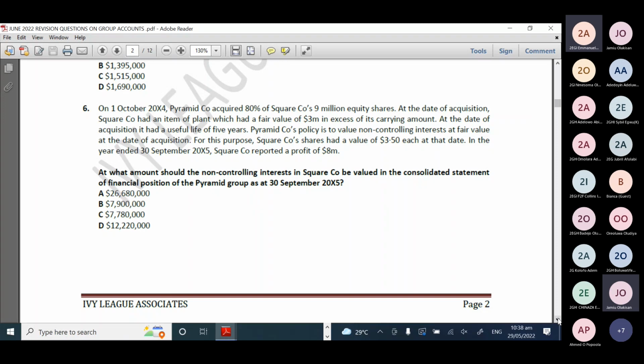Pyramid Co's policy is to value non-controlling interest at fair value at the date of acquisition. For this purpose, Square Co's shares had a value of $3.50 each at that date. In the year ended 30th September 20X5, Square Co reported a profit of $8 million. At what amount should the non-controlling interest in Square Co be valued in the consolidated statement of financial position of the Pyramid Group as at 30th September 20X5?